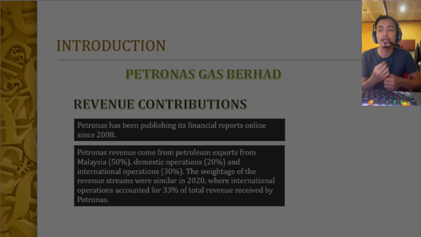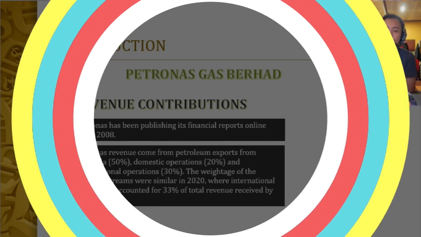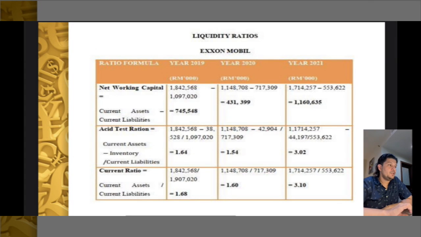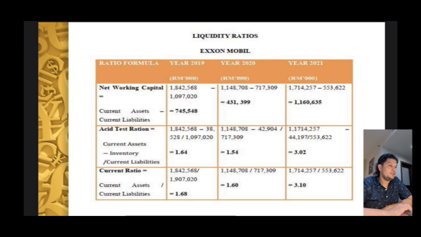The weightage of the revenue streams was similar in 2020, where international operations accounted for 33% of the total revenue received by Petronas.